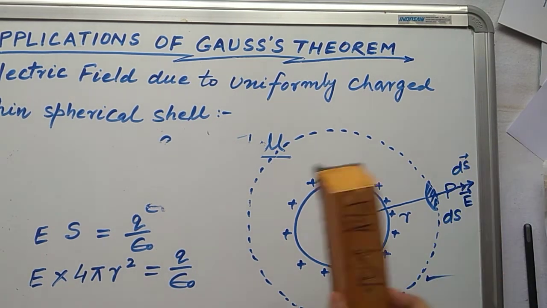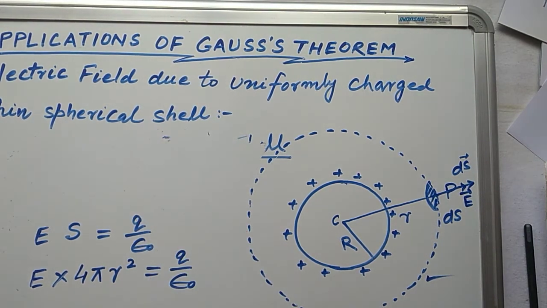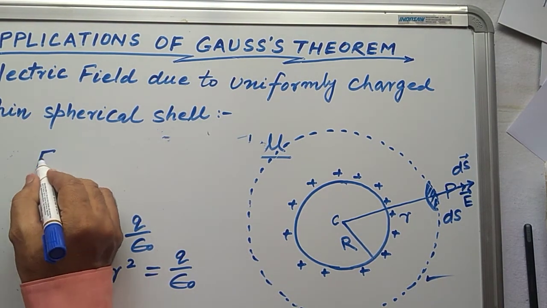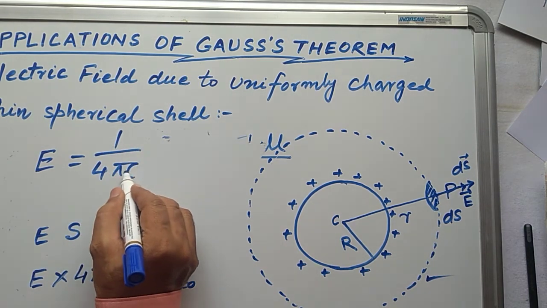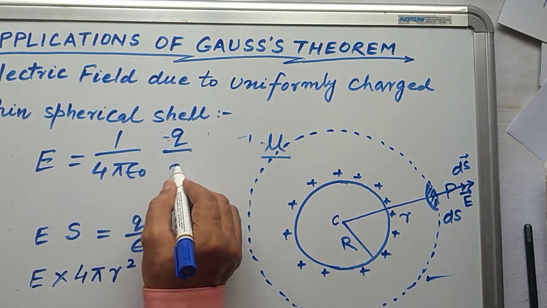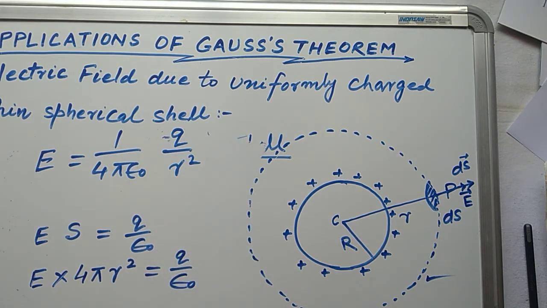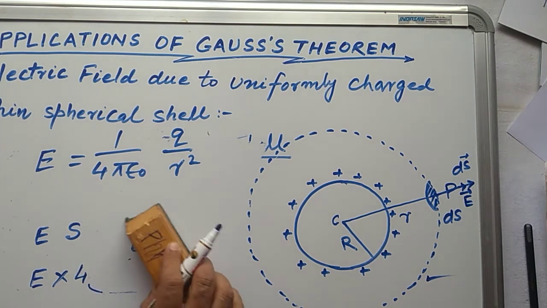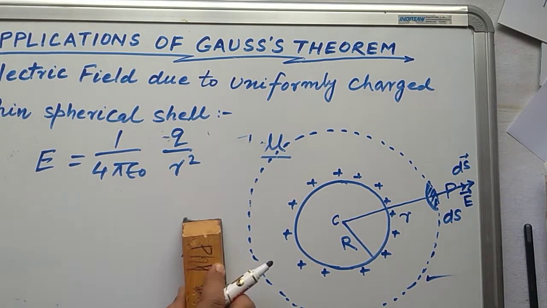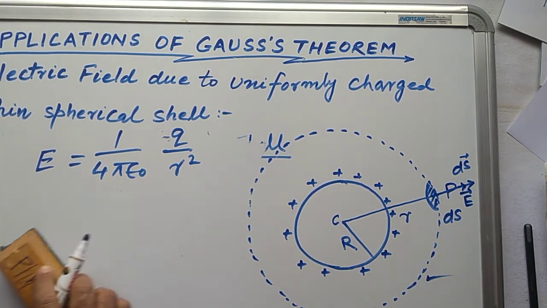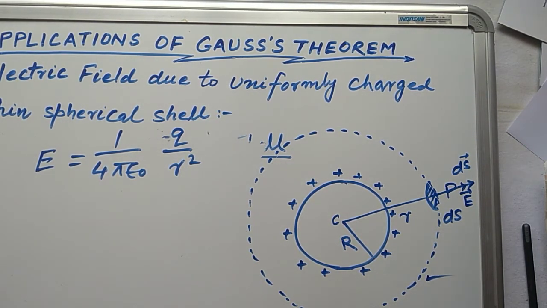So by simple calculation we can write E equal to 1 upon 4 pi epsilon naught q by r square. But we already have this formula. For which configuration? This is the formula.